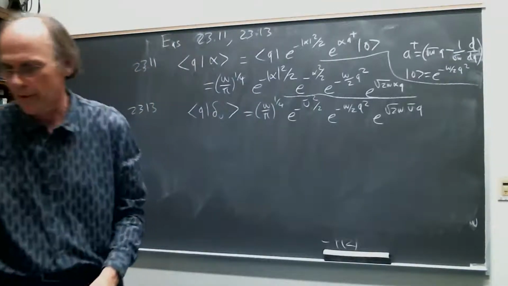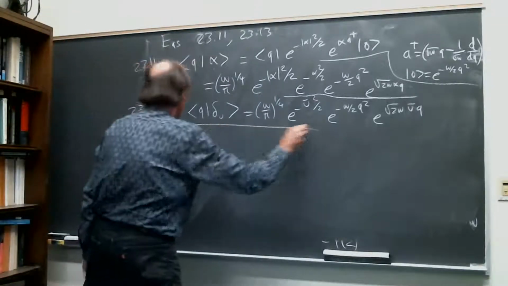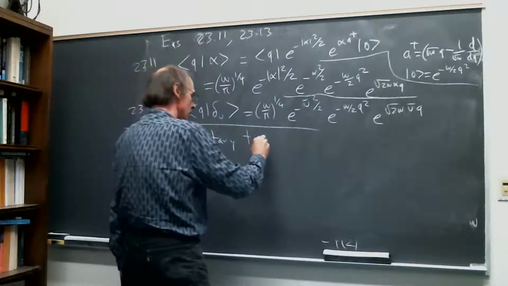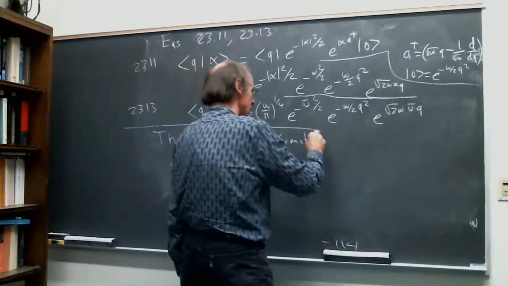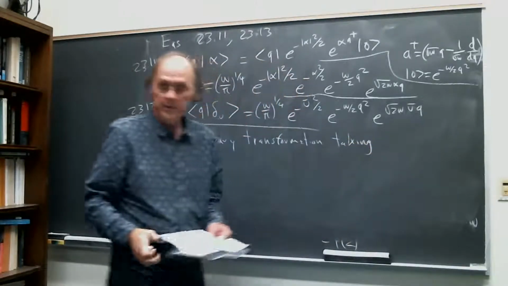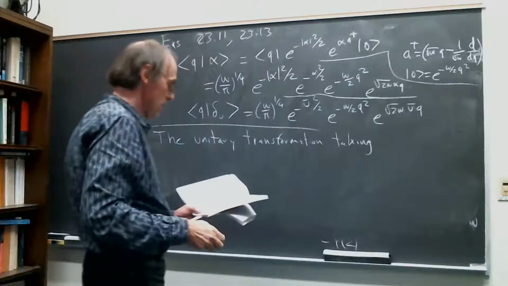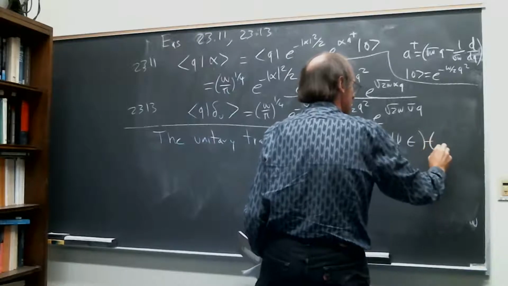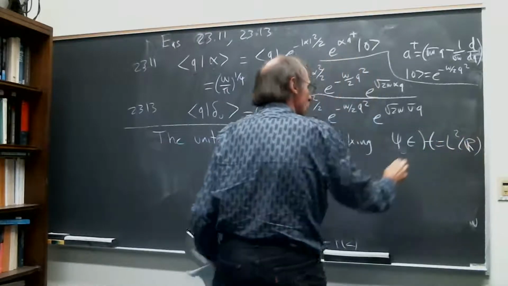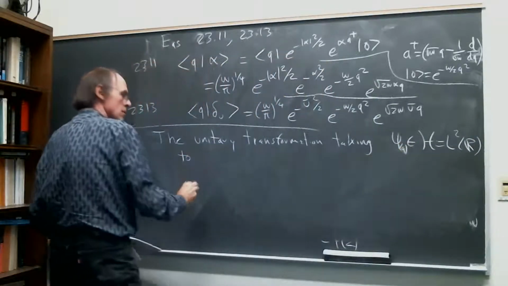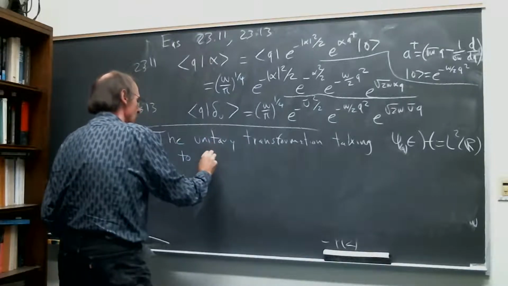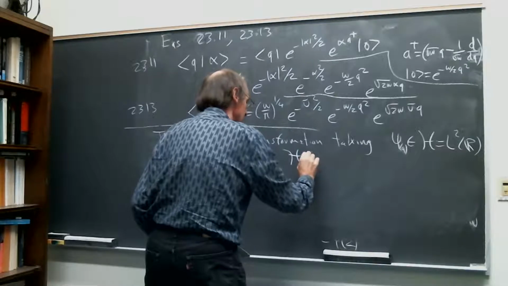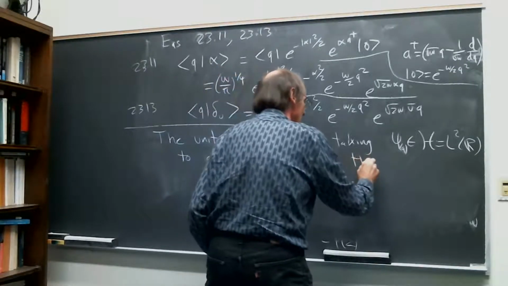What I wanted to do with that, the whole point of that, was to tell you how to get from the unitary transformation taking psi in L2 of Q to an element of H_BF. It's called the Bargmann transform.